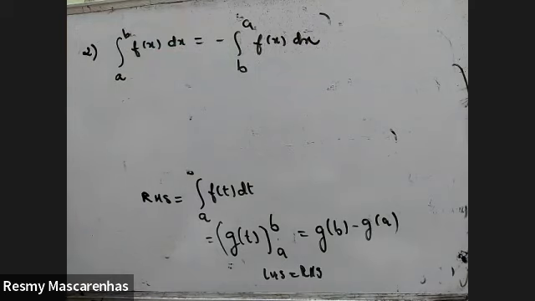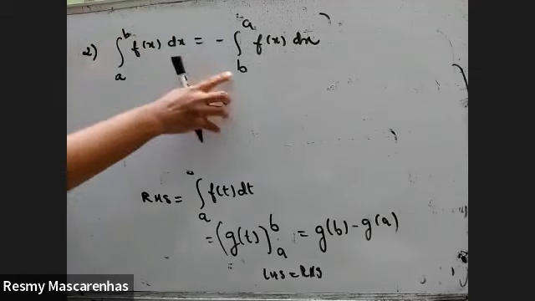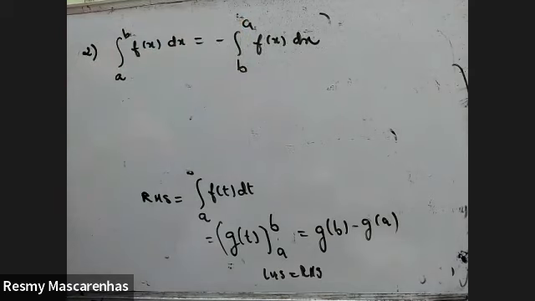You can always reverse the limit, but you just change the sign of the integral then. 1 to 2, if I'm writing as 2 to 1, then I have to put minus here. We will prove it. We'll take the left hand side.